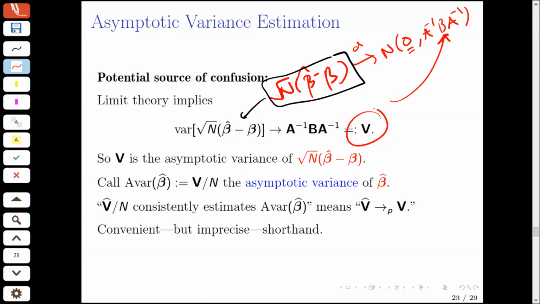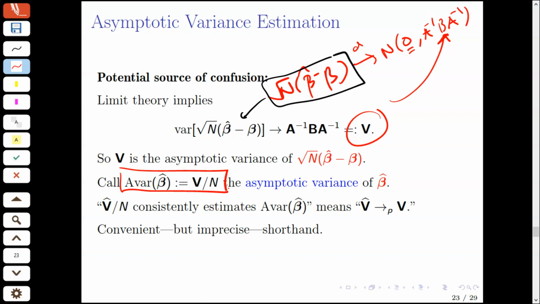Namely, if we divide both sides by n, or square root n, and move beta to the right hand side, then our approximate normality result shows that the asymptotic variance of the OLS estimator, well, maybe we should call it the approximate variance of the OLS estimator, is V over n. Now we'll follow Wooldridge here and denote this as the asymptotic variance of the OLS estimator.